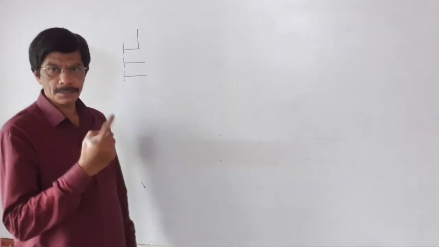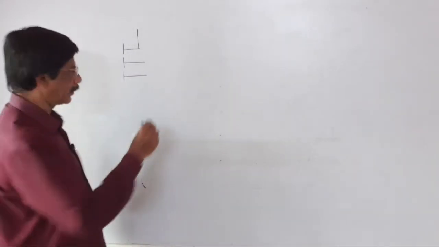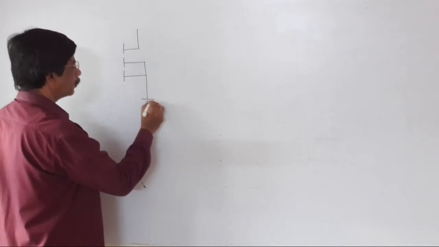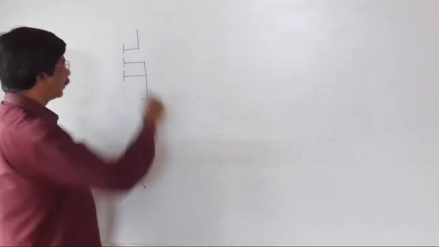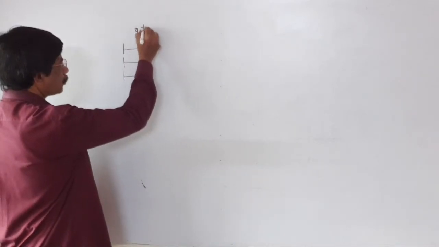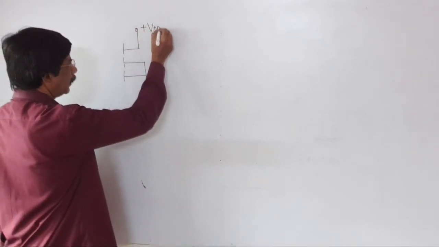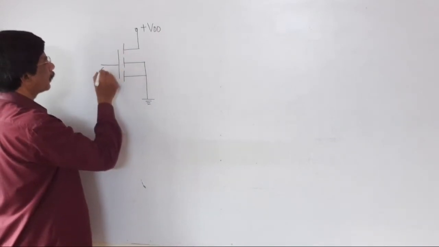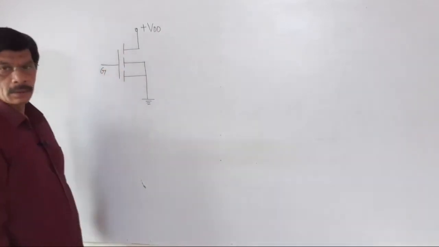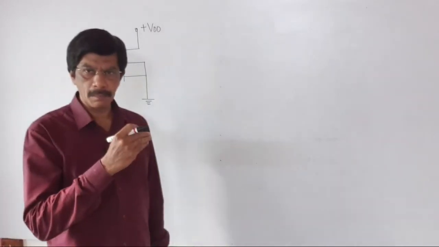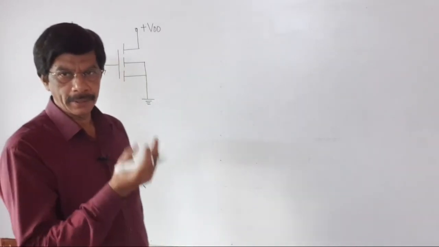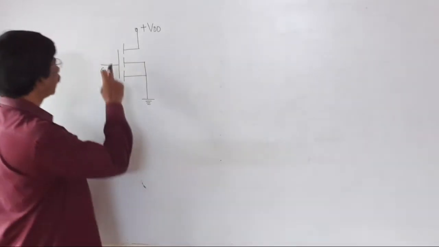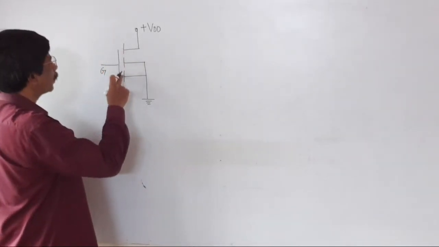Usually, the substrate and the source are interconnected and connected to the ground terminal. The drain is given to the positive of the power supply VDD. This is the gate terminal. The gate is insulated from the source, the drain and also the substrate. Therefore, the gate is separated by a small gap here.